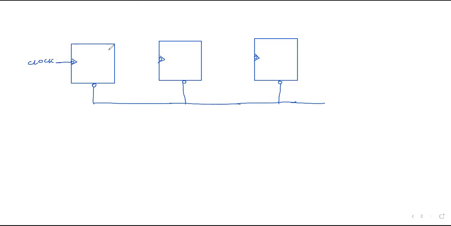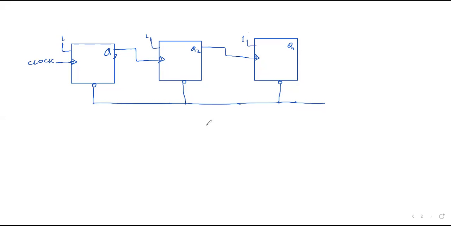Now here we have the outputs Q3, Q2 and Q1. This Q3 output is connected with this one, this Q2 output is connected with this one, and here we have the inputs 1, and here also we have a 1.